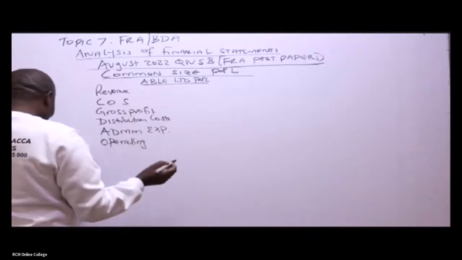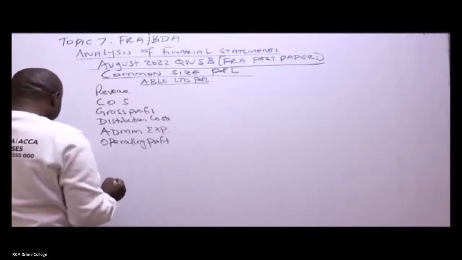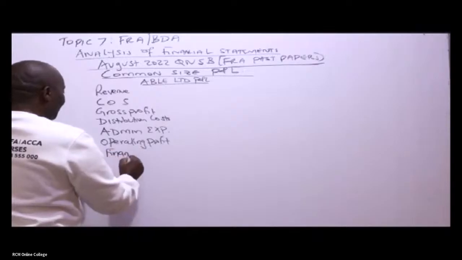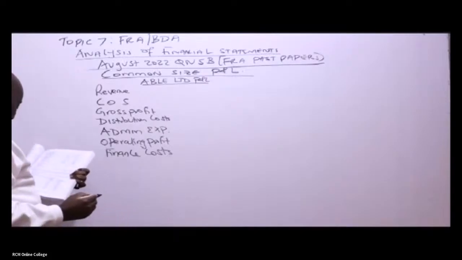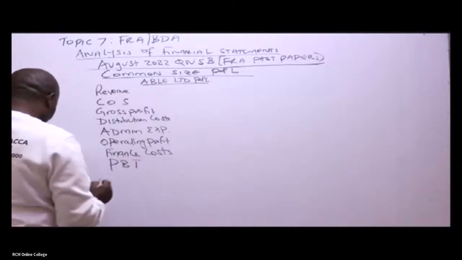You guys are not copying anything. You already have the question. So we have operating profit. We have finance costs. We have a PBT, profit before tax.